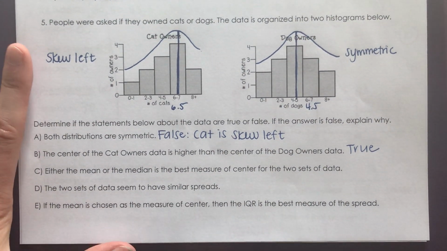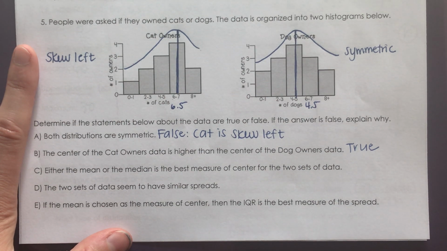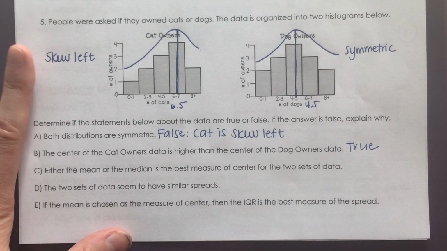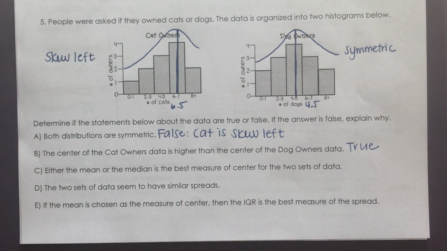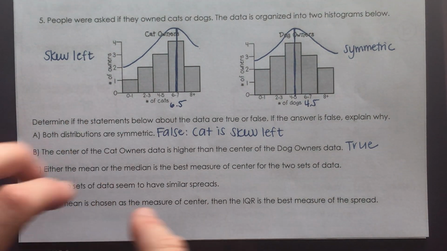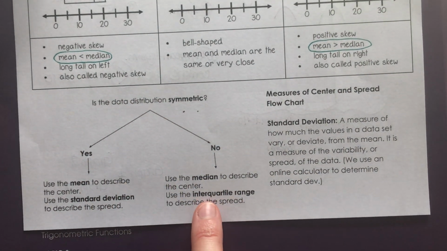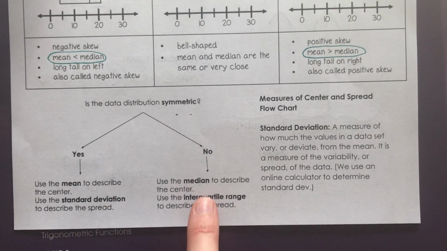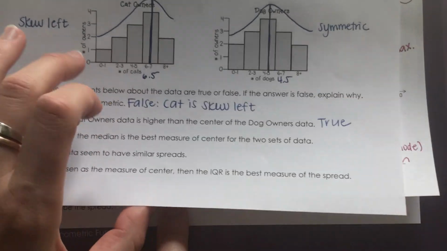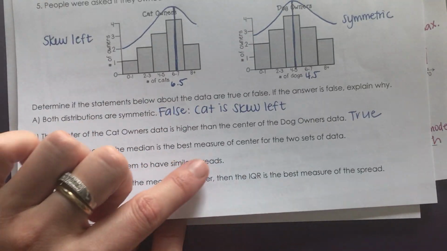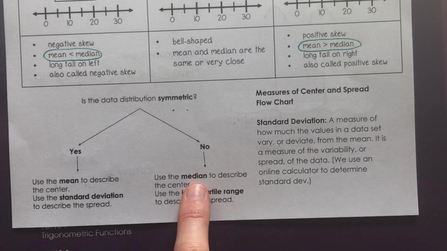Okay, letter C. Either the mean or the median is the best measure of center for the 2 sets of data. So they're saying you can use either one. Well, I know if it is skewed, then I have to use the median for this problem.